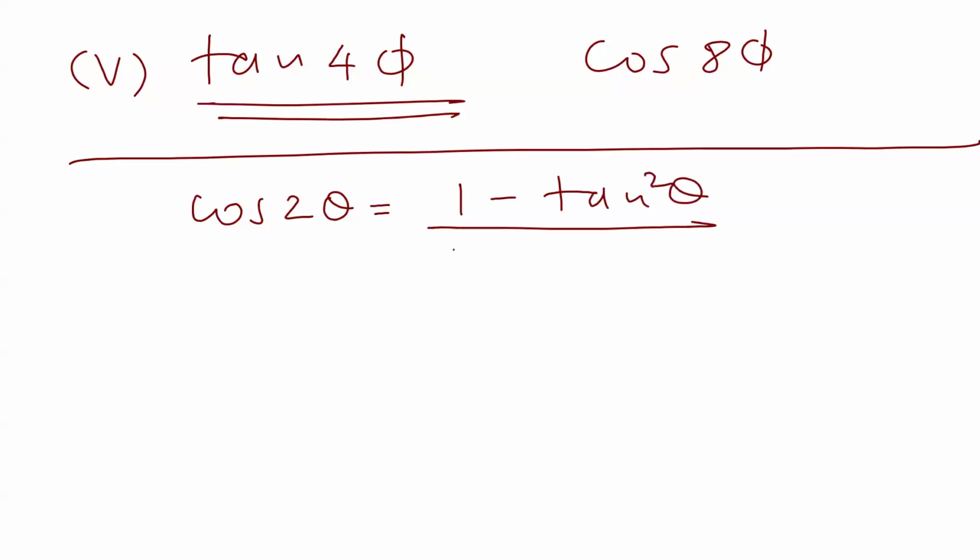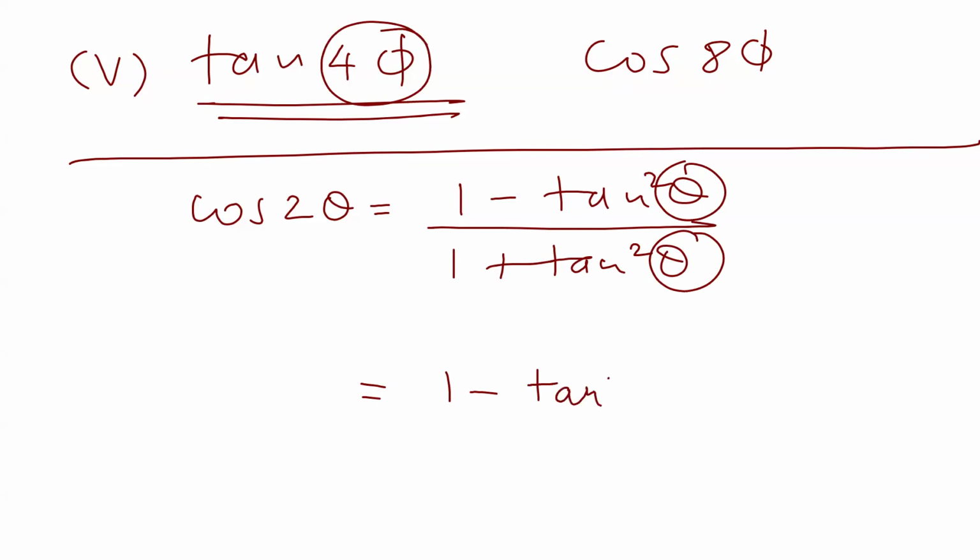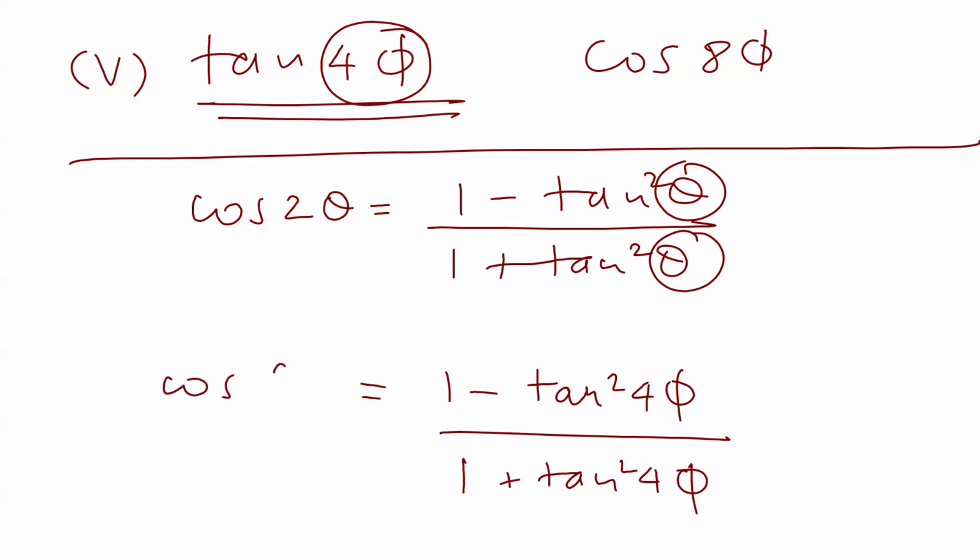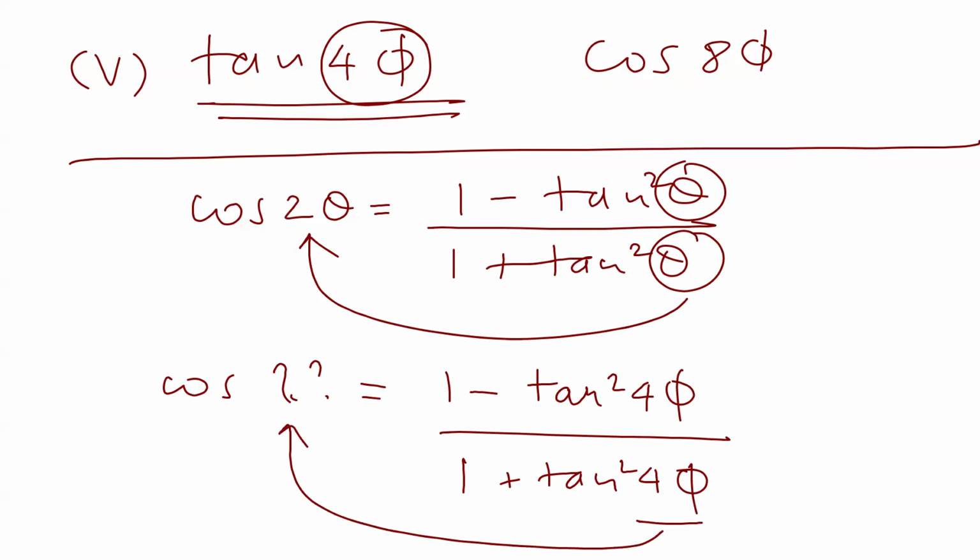So this formula I'm going to use. Okay. Now this theta I'm going to write as 4 phi. Tan square 4 phi, sorry, not theta. 1 plus tan square 4 phi. So this will be cos. What will be the angle? Okay, if theta will become 2 theta, 4 phi will become 8 phi. 4 phi will become 8 phi. Okay, so this is cos 8 phi.